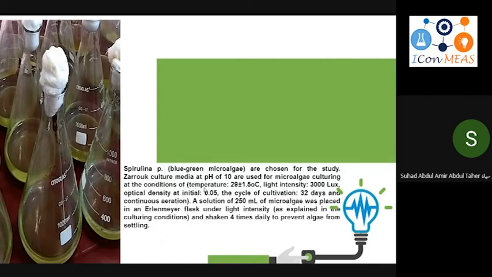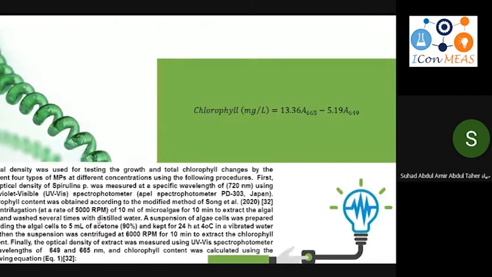Then we use optical density for testing the growth and total chlorophyll change by the four different types of microplastics at different concentrations using the following procedure. We use the ultraviolet-visible spectrophotometer for this procedure, and use this equation to find the chlorophyll content in this microalgae.